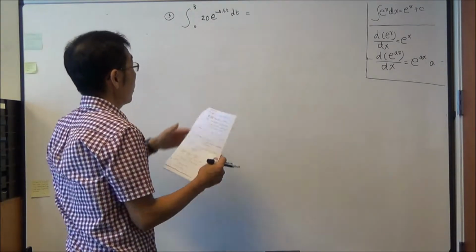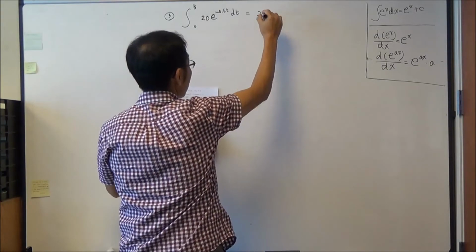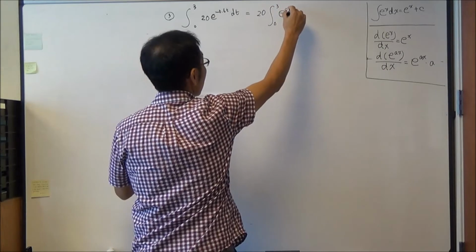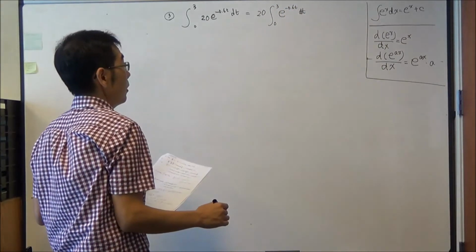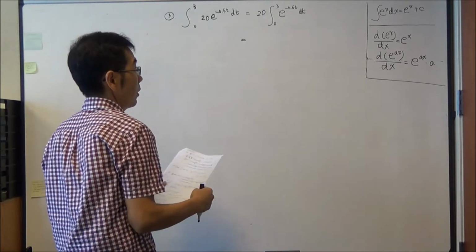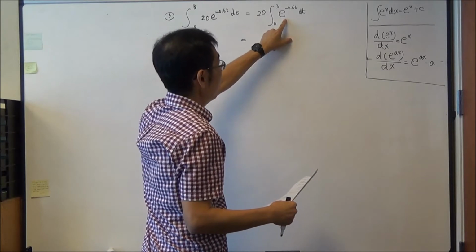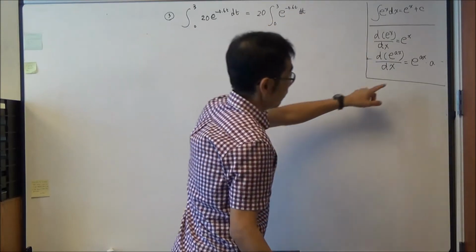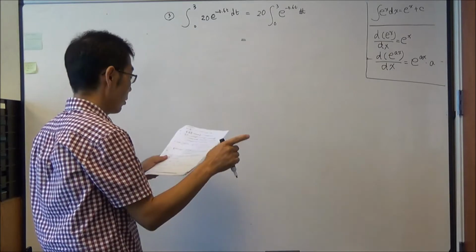So right now, we just take the 20 out of that integral. And then, if you just think about the integration of the exponential, we know that later minus 0.6 comes out from your exponential function, so this is a reverse way to do it.